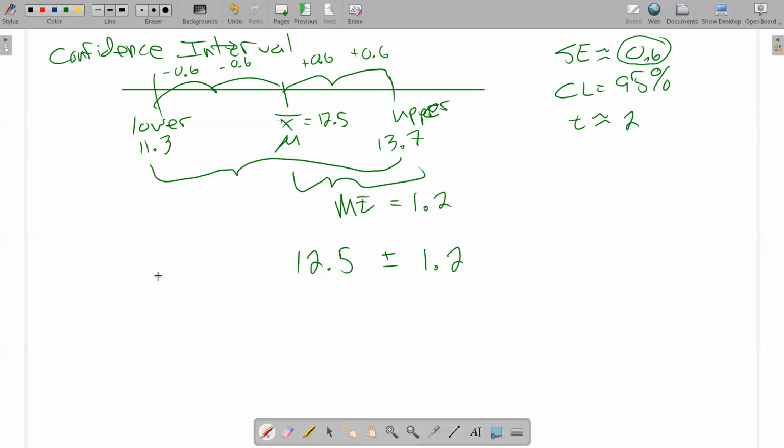So there's 2 ways I can state the answer, right? I can state the answer with my point estimate plus or minus the margin of error. Or I could state my interval, right? Or I could say it's between the actual river temperature, somewhere between 13.3 and 13.7.